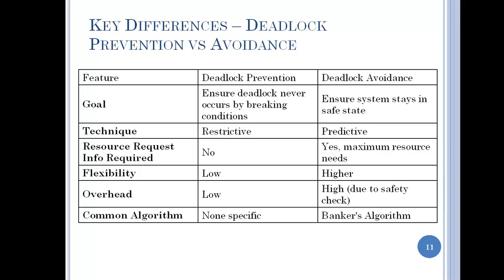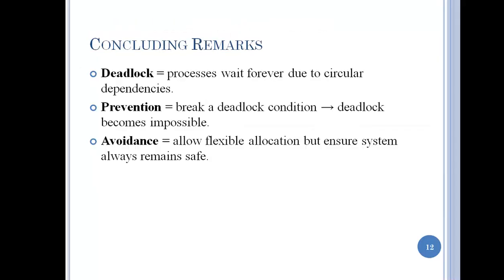Resource request information is not required in deadlock prevention, whereas in deadlock avoidance it is required. Flexibility of deadlock prevention is low as compared to deadlock avoidance. Overhead is low in deadlock prevention as compared to deadlock avoidance, and a common algorithm is not specified for deadlock prevention, whereas for deadlock avoidance it is the banker's algorithm.